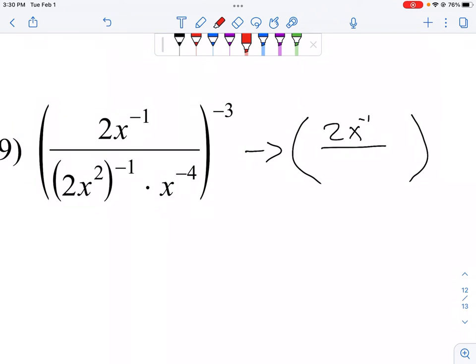I am going to take care of 2 to the second and x to the second. And that would make 2 to the negative first and x to the negative second. That's negative 1 times 1 and then negative 1 times 2. And then I still have x to the negative fourth and a negative 3 out here.